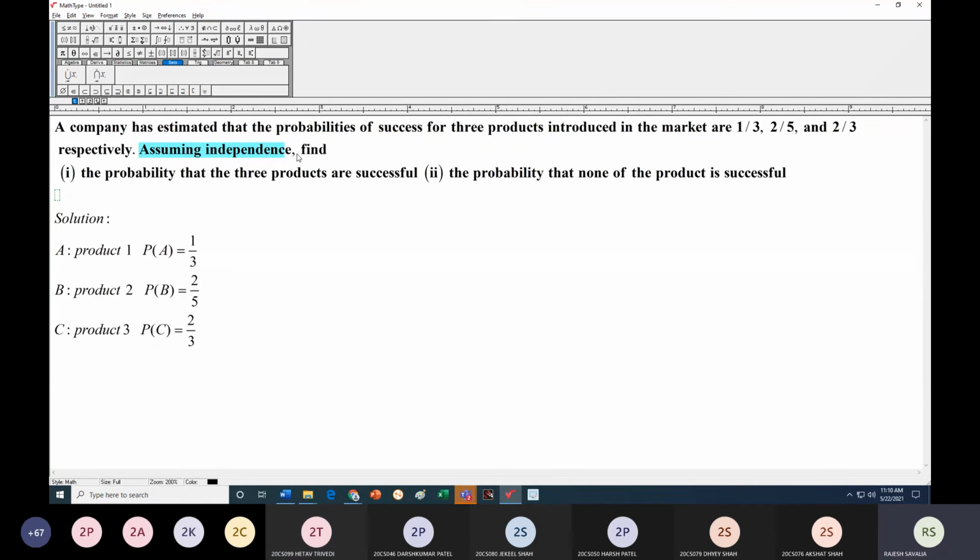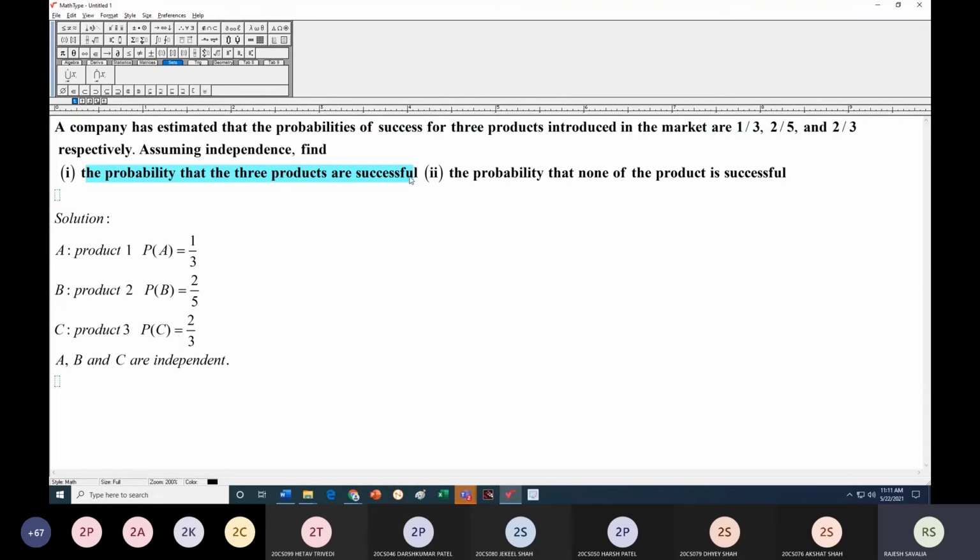Assuming that events A, B, C are independent. The probability that all 3 products are successful. तो इसका mathematical notation क्या होगा?